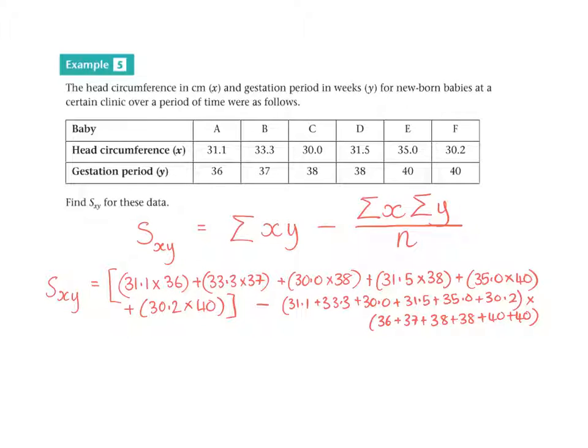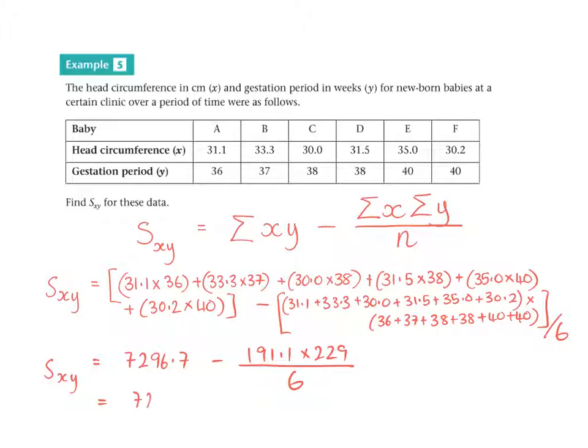And then we're going to divide all of that by the number of pieces of data that we've got, which is 6. Now working that out on your calculator, you should get 7,296.7 minus 191.1 times 229 all over 6, and that works out to be 7,296.7 take away 7,293.65.